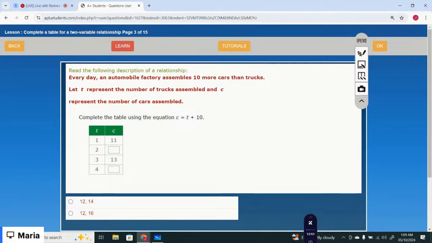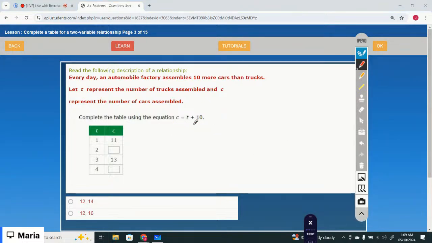You have to replace T equals 2. So, when T equals 2, replace the T with 2. That is 2 plus 10, and 2 plus 10 is 12. That means when T equals 2, C equals 12. And when T equals 4, then C equals 14.